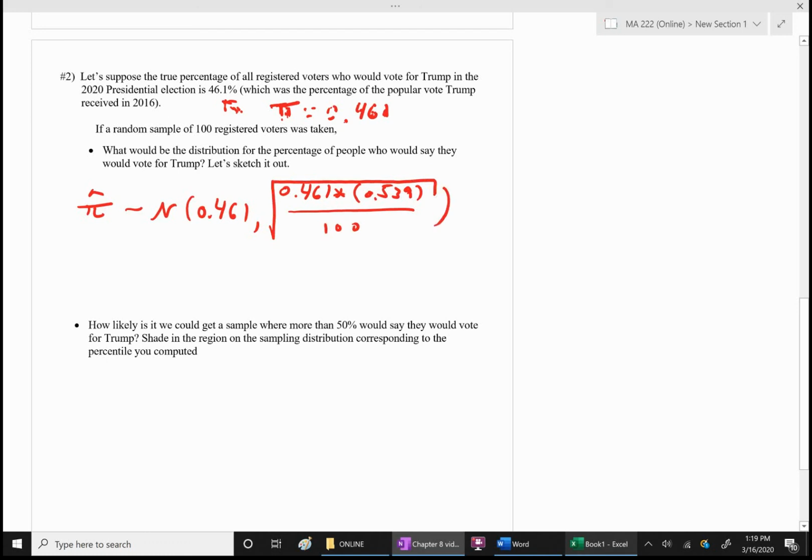And when we do this calculation, you can do this in Excel or you can do this on a calculator because it's pretty simple. I'm just going to do it in a calculator really quick. You find that it's roughly 0.05. So this tells us the sample percentages we would expect to see.